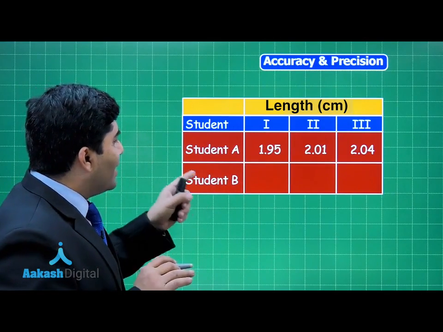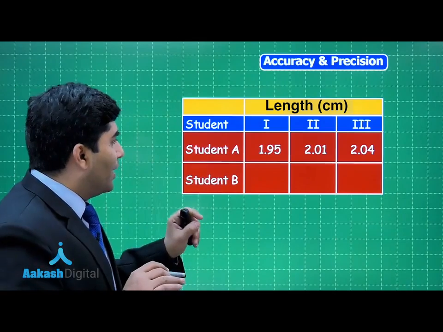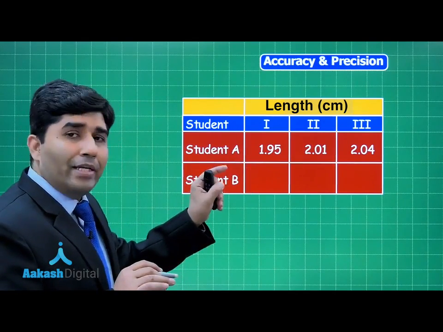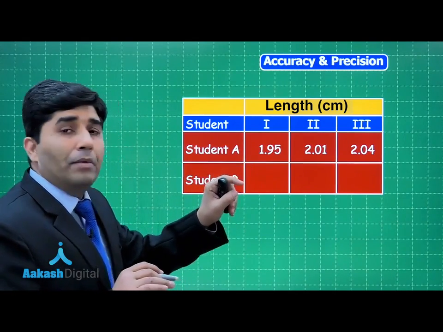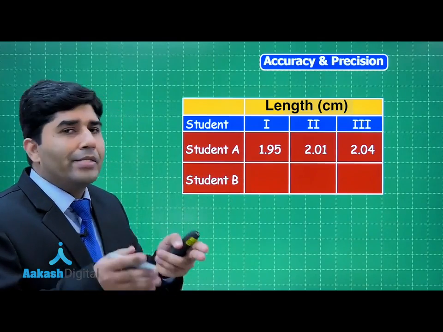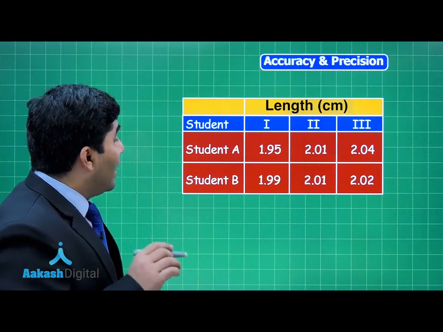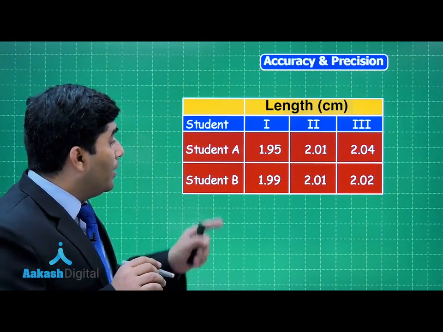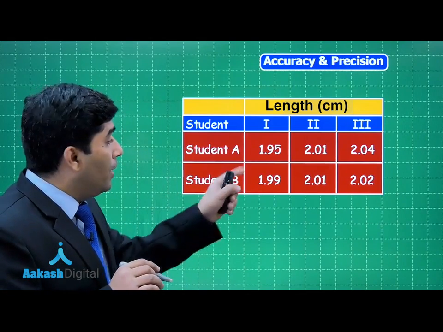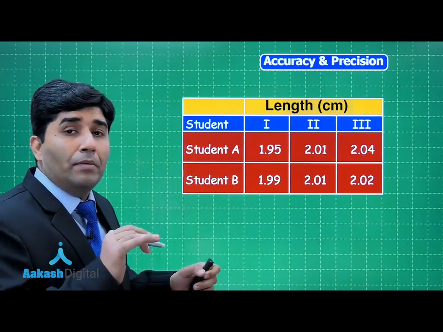So student A is getting 1.95 centimeter, 2.01 centimeter, 2.04 centimeter, and definitely there is some error in it, right? And student B is getting 1.99 centimeter, 2.01 centimeter and 2.02 centimeter.